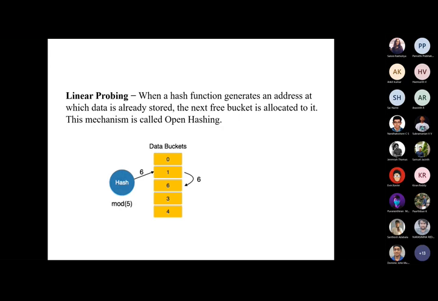For example, 1 mod 5 is 1, and 6 mod 5 is also 1. So the inputs 1 and 6 refer to the same bucket address 1. Since the bucket is already occupied by the value 1, the next free bucket is allocated to the input 6. This mechanism is known as linear probing in hashing.